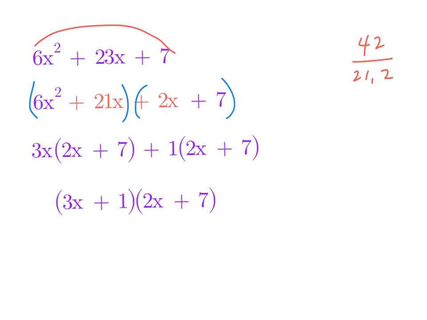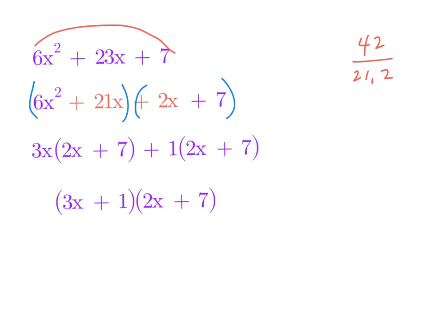If you can guess and check until you find the right factors, for example, you know that you have to have a 1 and 7. Those are the only factors of 7. The back two numbers have to multiply to 7. The front two numbers have to multiply to be 6x squared. So you could have tried 6x and 1x, or 2x and 3x, until you found the right combination, and you're welcome to do that.